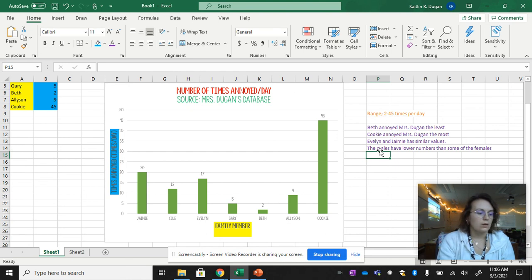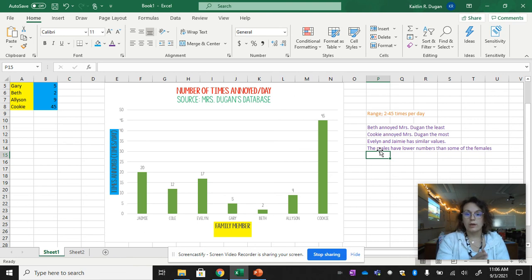When we're looking at data, we need to make sure that we are using very specific and very objective words, okay? We're not interpreting the data yet. We're just saying, what do we see, not why do we see it, okay?